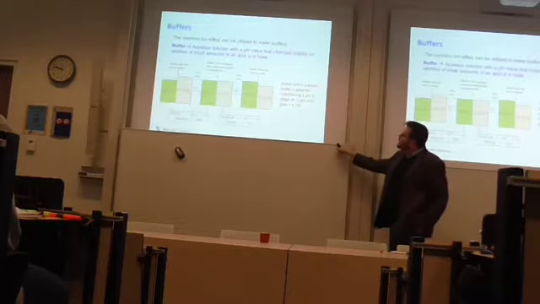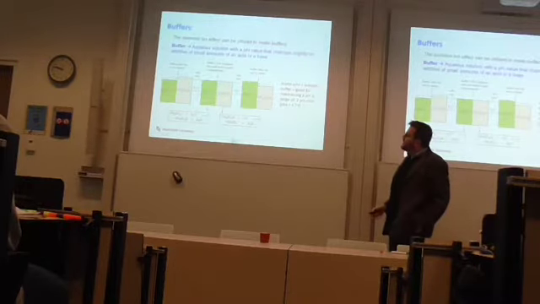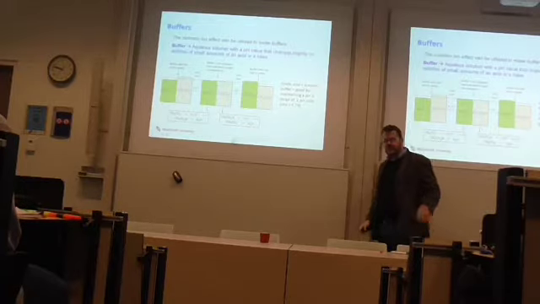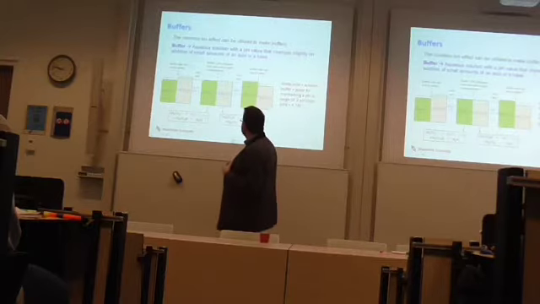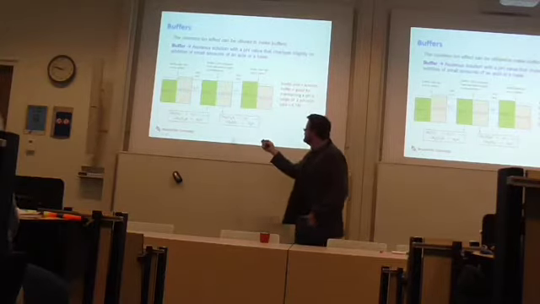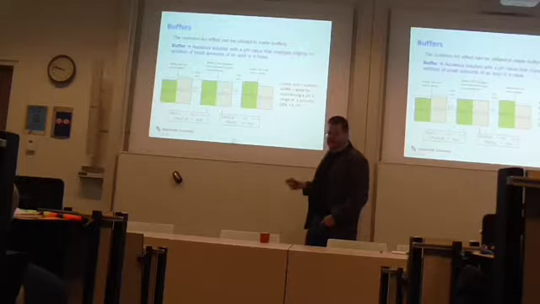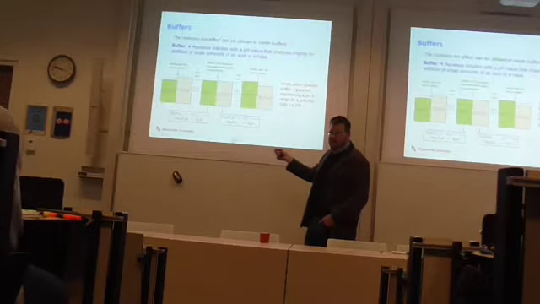And what is a buffer? Well, a buffer is typically, in the classic case, composed of a weak acid and its conjugate base as a salt. Now here we have a buffer system that is composed of acetic acid and its conjugate base, which is the acetate ion.